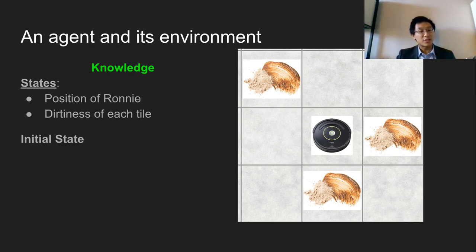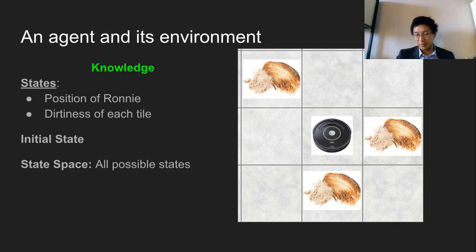There might be some initial state where we know we start off when we turn Ronnie on. So let's just say this is our initial state, with Ronnie in the middle and the 3 dirt. And a state space. So the state space is all the possible states that this environment could be in. So if we look at this, there are 9 possible places Ronnie could be, and there are 9 possible spots for dirt to be.